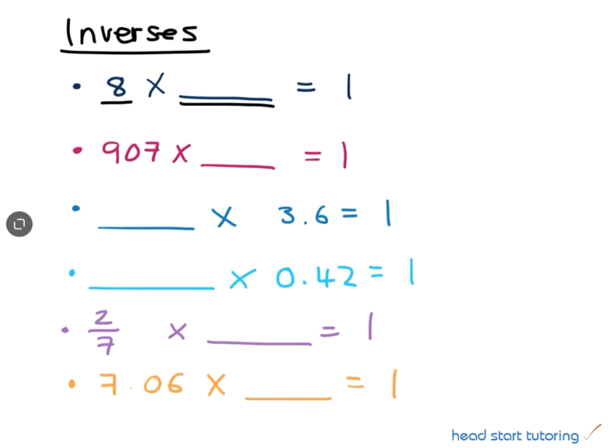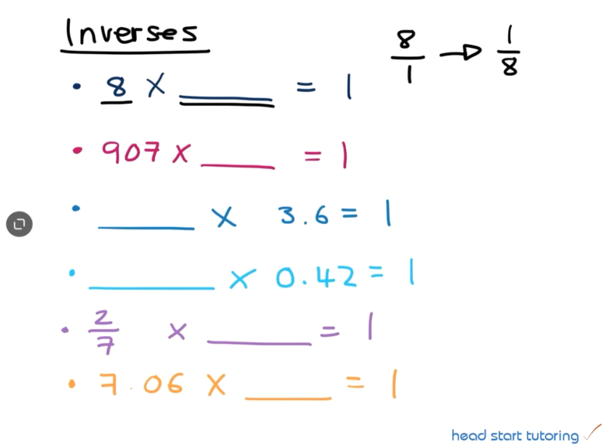An inverse of a number such as 8: what we first need to do is get 8 into its fraction form, which is 8 over 1. And the inverse of 8, or 8 over 1, is simply swapping or flipping over your fraction so that your numerator becomes your denominator and your denominator becomes your numerator. So the inverse of 8 over 1 will be 1 over 8.